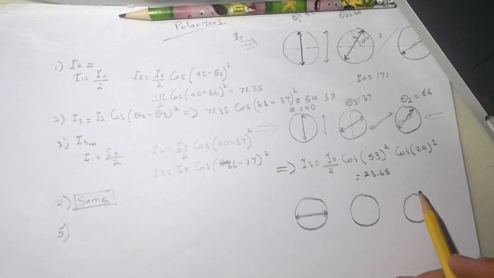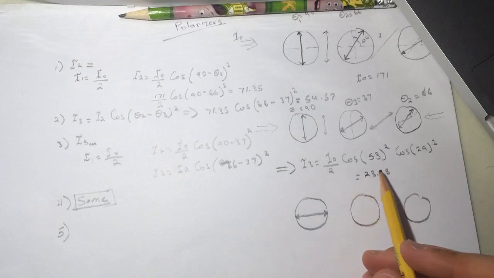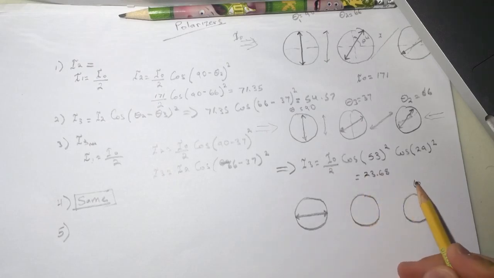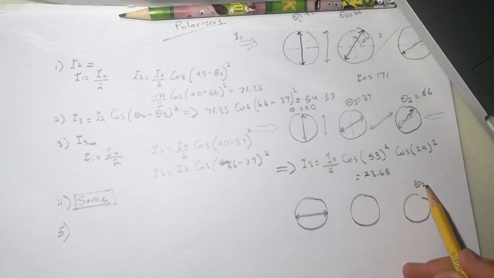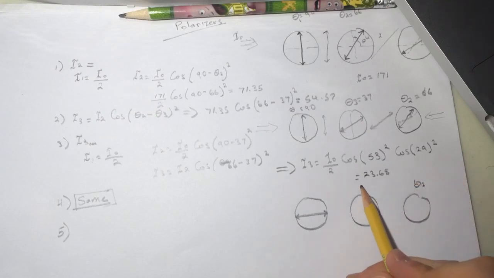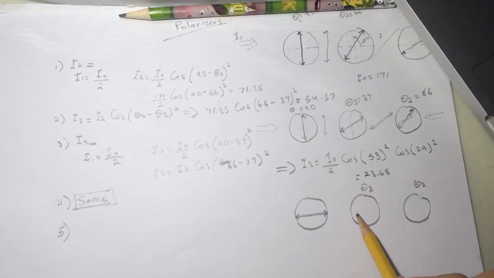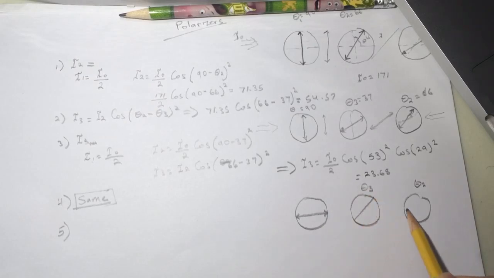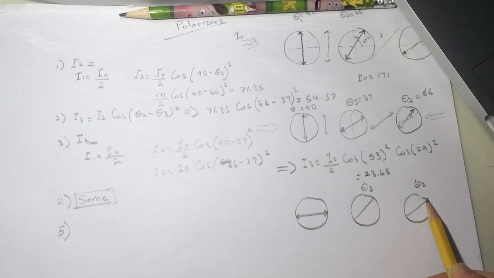They kept everything the same, starting with theta 2 and then theta 3. Theta 2 was 66, theta 3 was 37. The unpolarized beam of intensity is coming this way.